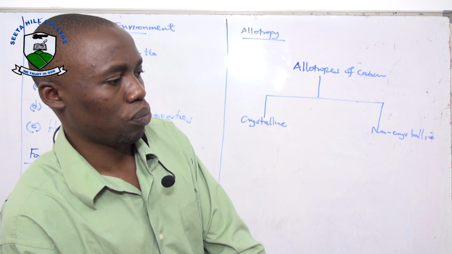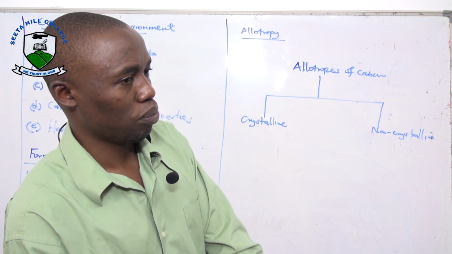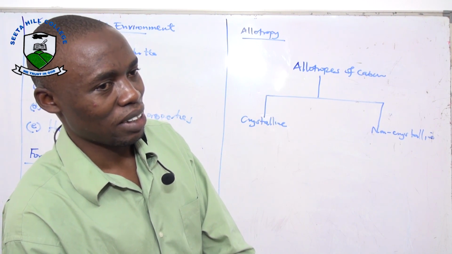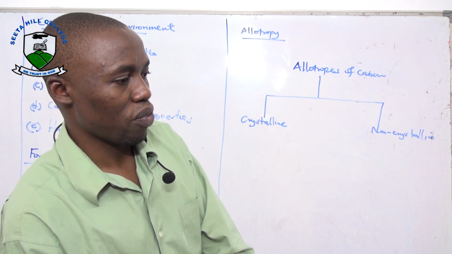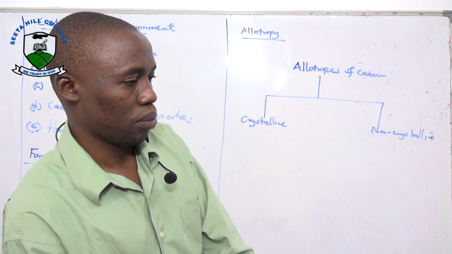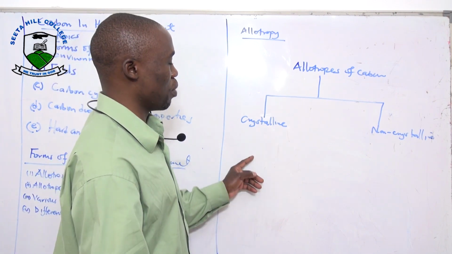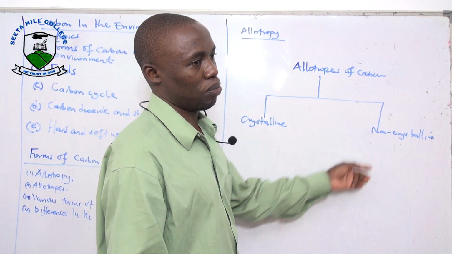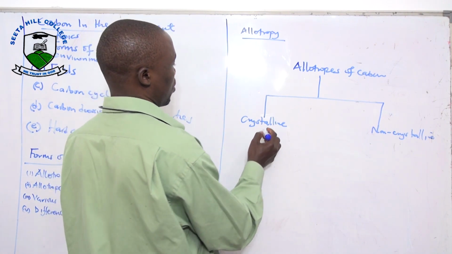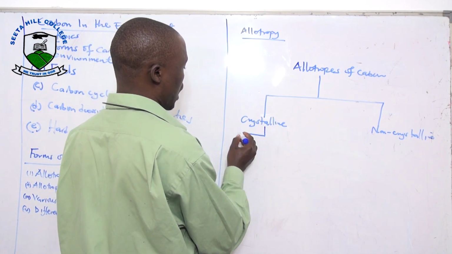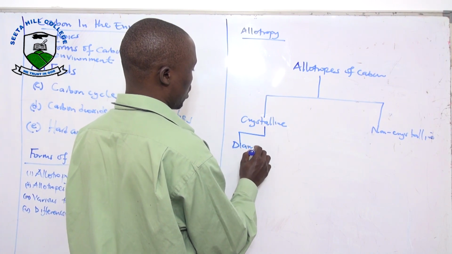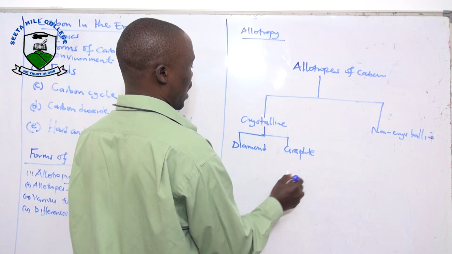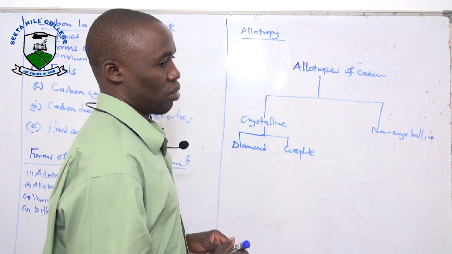Like to have a definite shape. Exactly. With an ordered arrangement of your particles. That means this side they don't have a shape, not so? See? Now the crystalline forms here, we have diamond and what? Graphite. Diamond is crystalline.